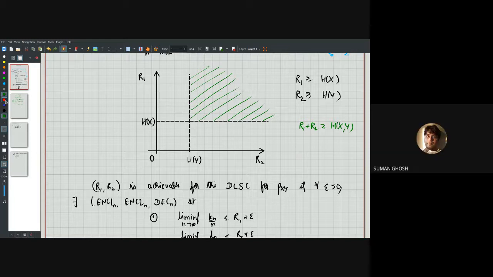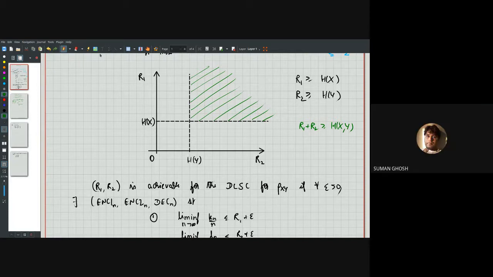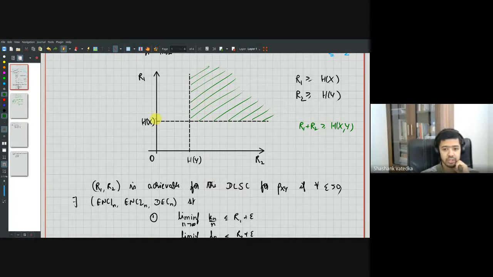It's like the outside region of the straight line. What will be the slope of the straight line? That will be h of x comma y. Like the intercept of x, sir, and y. That line passing through hx and hy, right, and above that. So will it lie here or will it lie here?